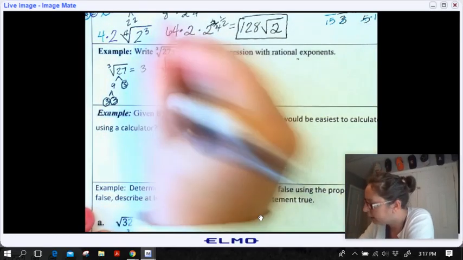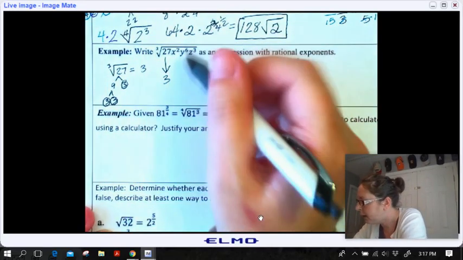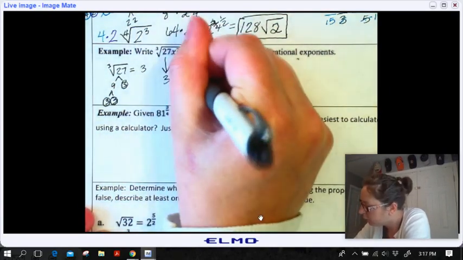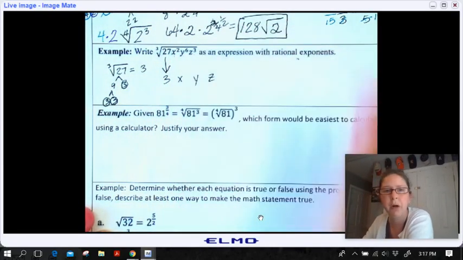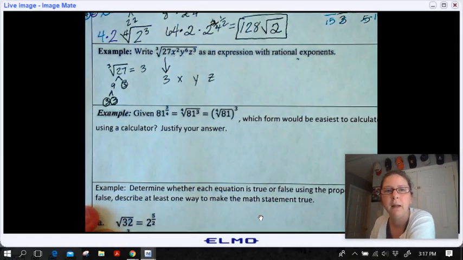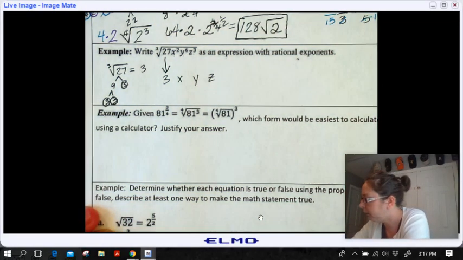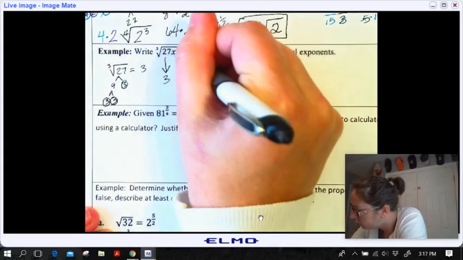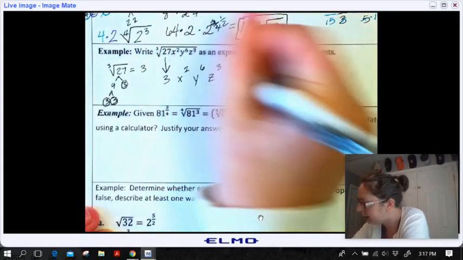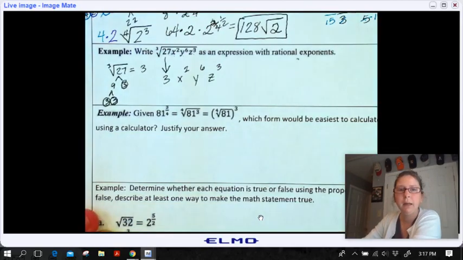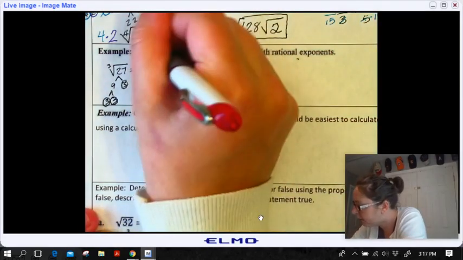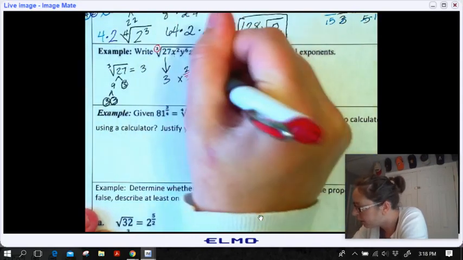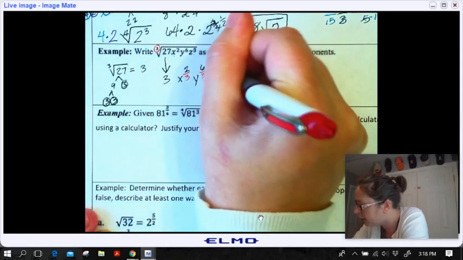That's 3. Now I'm going to bring down the x, y, and z. X, y, z. Remember, I crossed my z's. And then I'm going to bring down their exponents. So 2, 6, 3. And now let's take this root number, and it's going to become the denominator for all 3 of these.